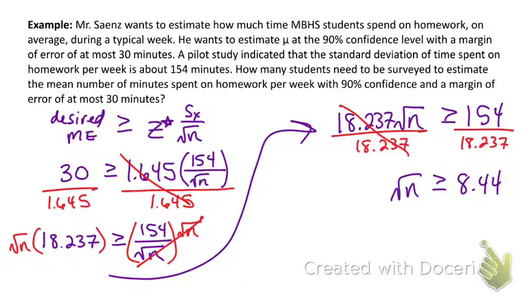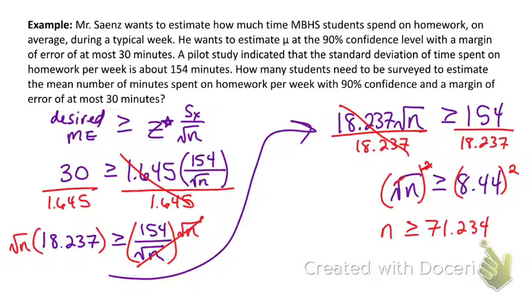Now we square both sides. So the squaring both sides happens at the very end with means. And our sample size needs to be greater than or equal to 71.234. So Mr. Science says, AP Stats class, how many students should I talk to? 72 people.